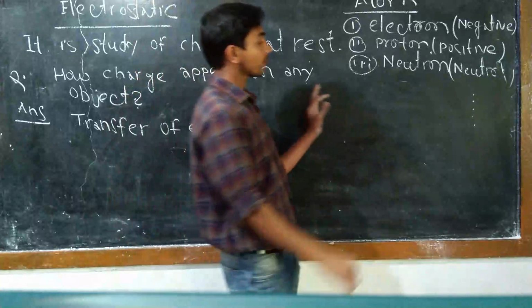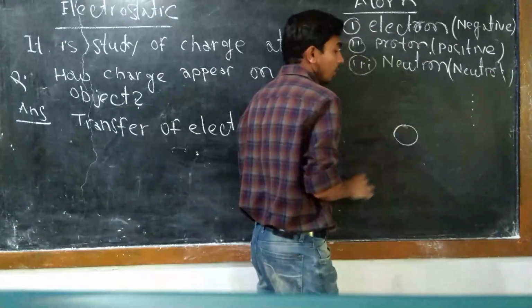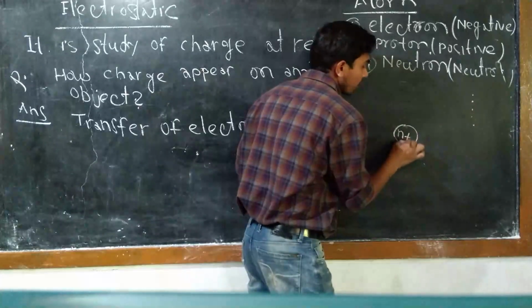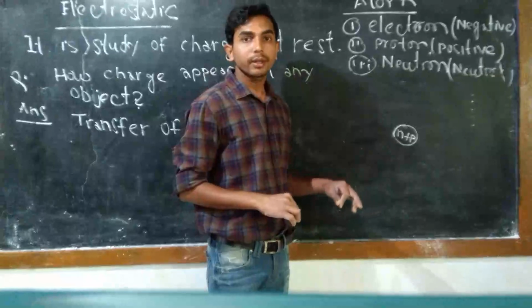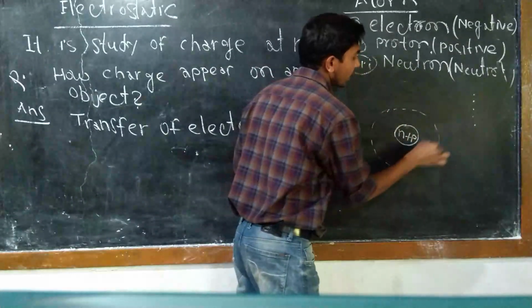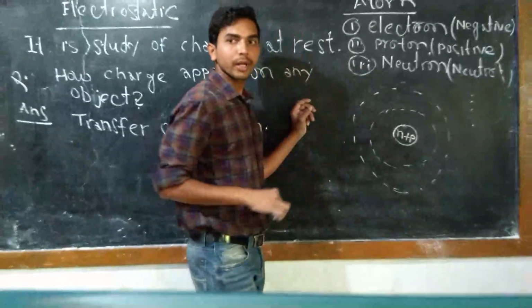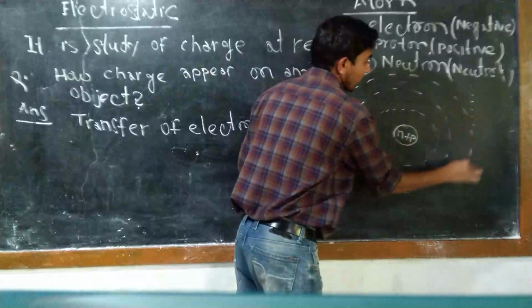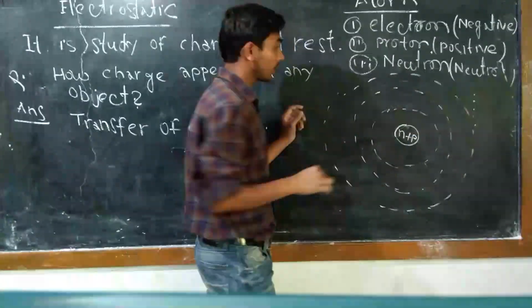Now see, suppose this is your structure of atom. Neutron and proton are always inside the nucleus, and electron is revolving in different orbits. Suppose these are the orbits of your electron. In this orbit, electron is revolving.